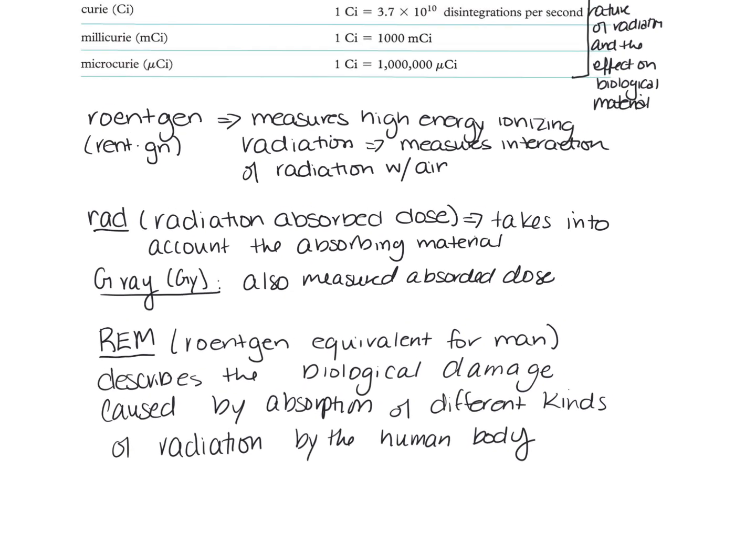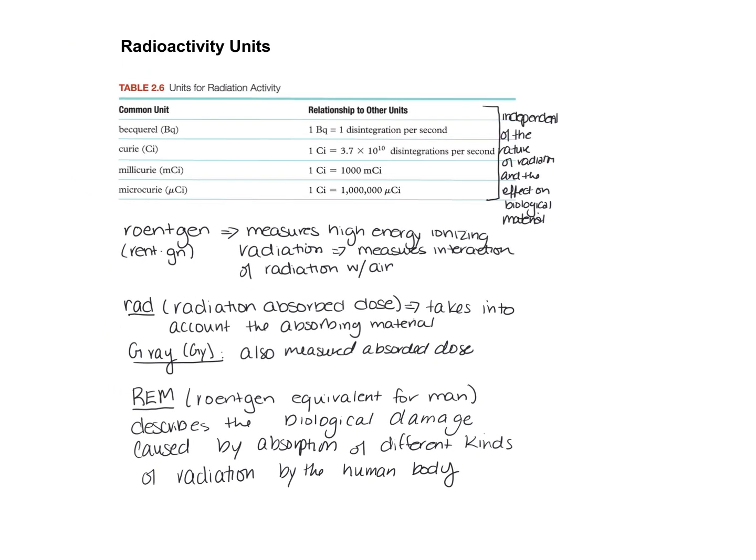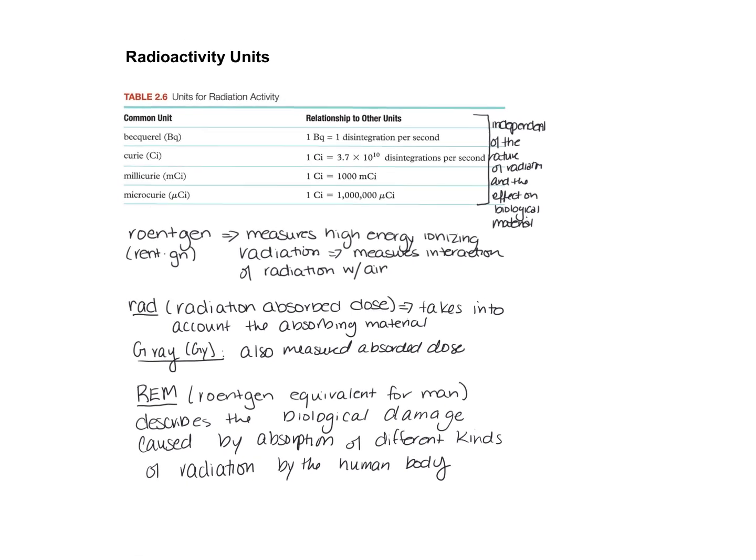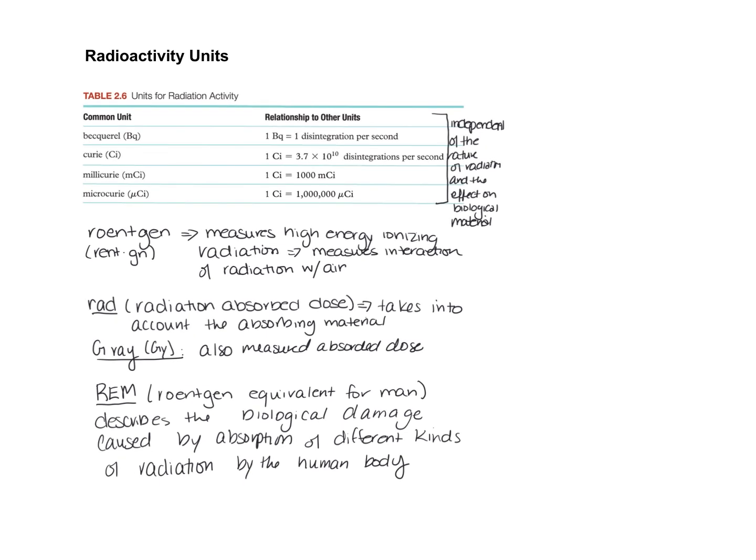Okay. And so these are the different units that you're going to see when you work problems, trying to figure out how much radiation is left after a certain amount of time. And so it's helpful to know what the differences here are. Now, there's another term. It's not a radioactive unit. So not a unit. Let's start there. But I want to talk about it before we go on to the next slide.